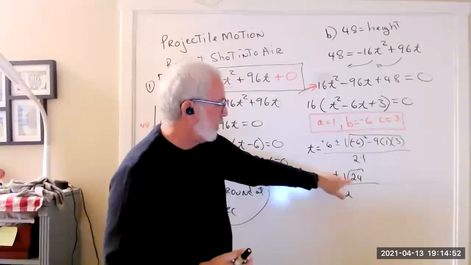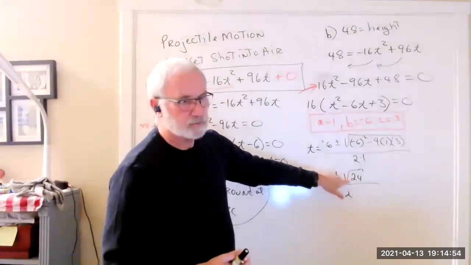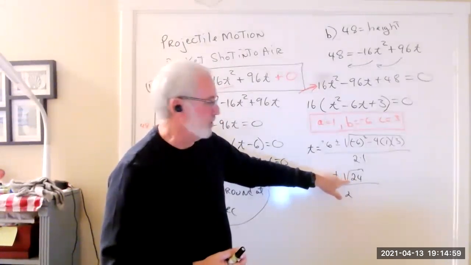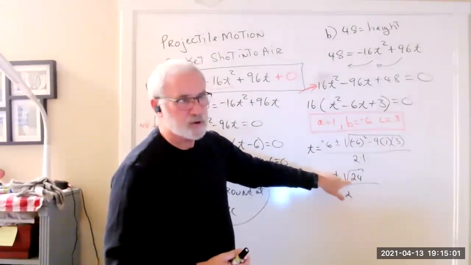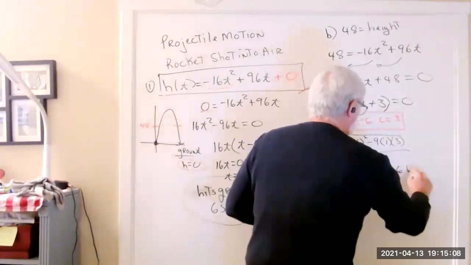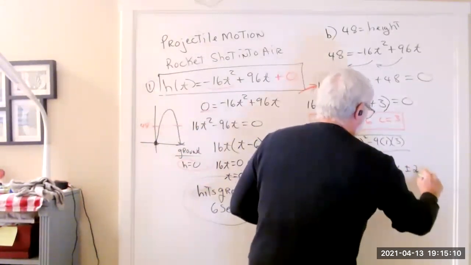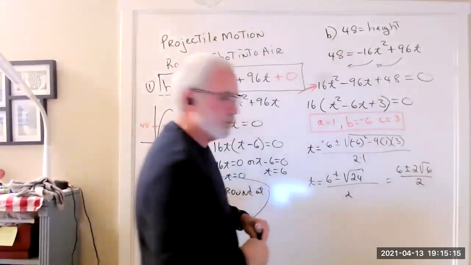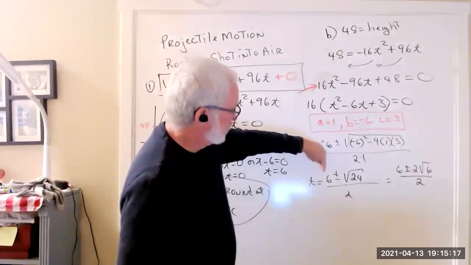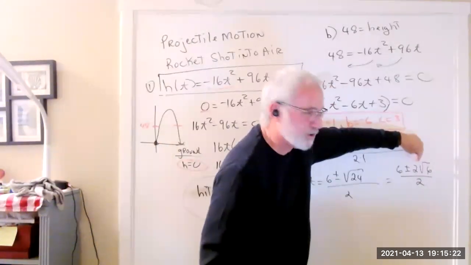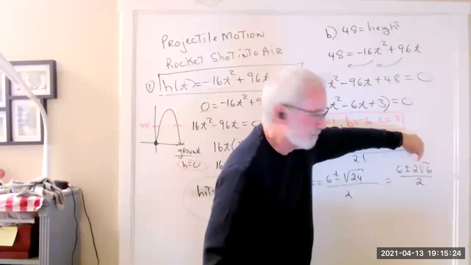We have to always simplify radicals. That's going to be on this next test on Thursday. Can you simplify the square root of 24? So that's going to be 6 plus or minus 2 radical 6 over 2. I'm trying to save space here. So the square root of 24 becomes 2 radical 6. Is it 2 radical 3?